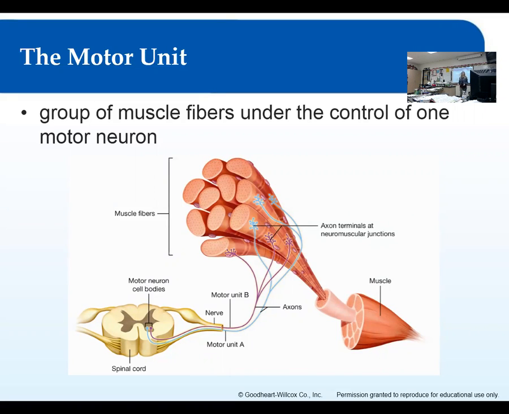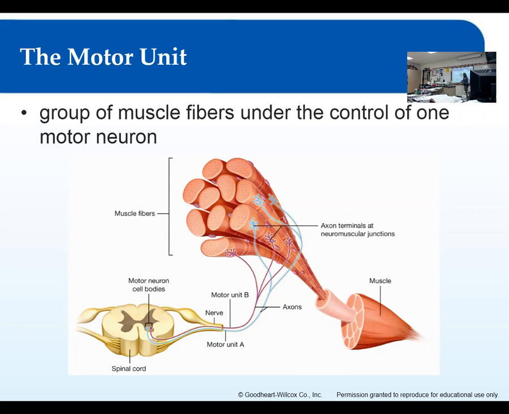What does the word motor mean? Like to make work, or move. In healthcare, anytime they say motor, we're talking about the ability to move. Decreased motor function means they're not able to move like they're supposed to. Remember, a neuron is just a nervous tissue cell that carries an impulse. One neuron can be connected to multiple muscle fibers.